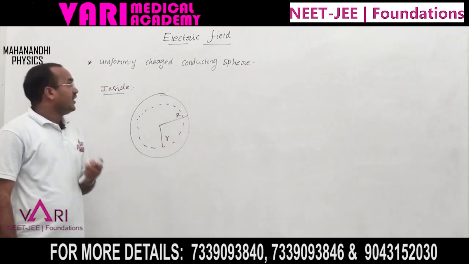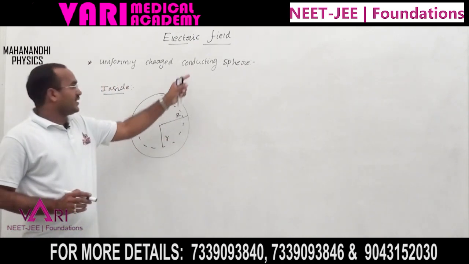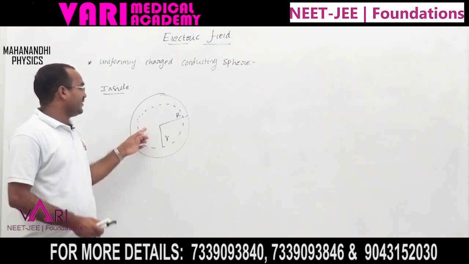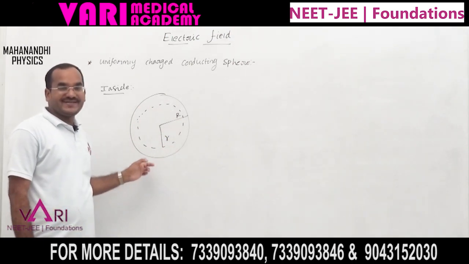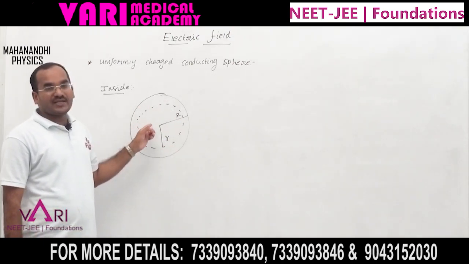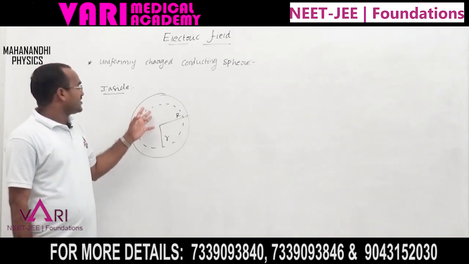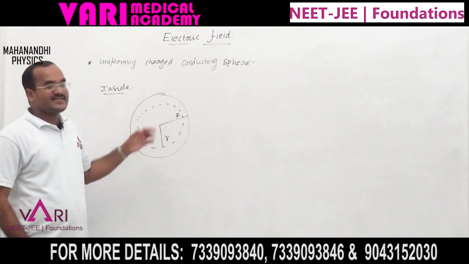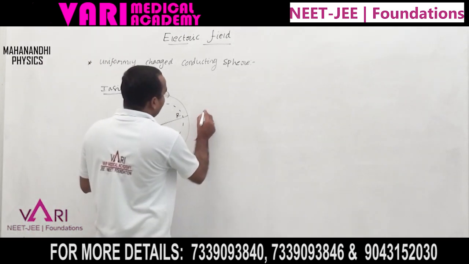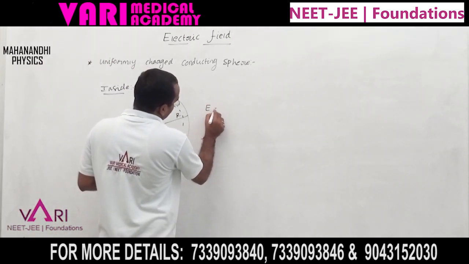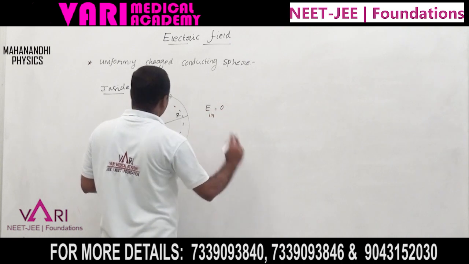But for a conducting sphere, the charge is not inside; the charge inside is zero, so the total electric field inside the sphere is zero. Electric field E equal to 0 inside.